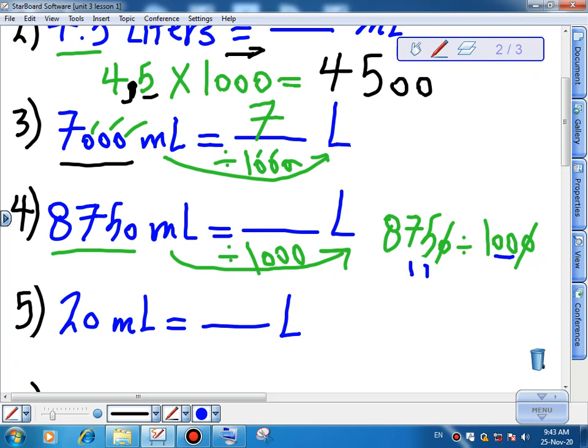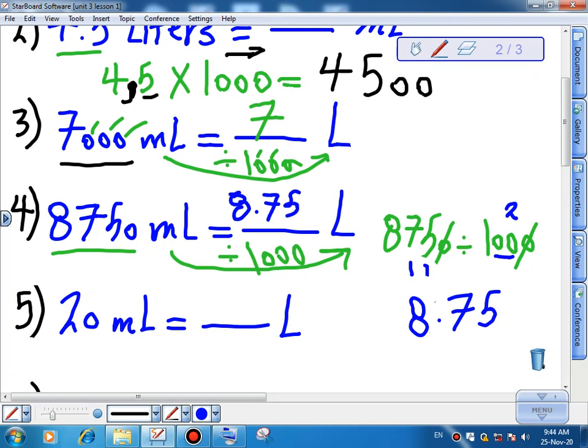I have 2 zeros, so I need to count 2 digits and then put a decimal. We will write the number as it is, 1, 2 digits, and put the decimal point here. It will be 8.75, hundredths, like this.